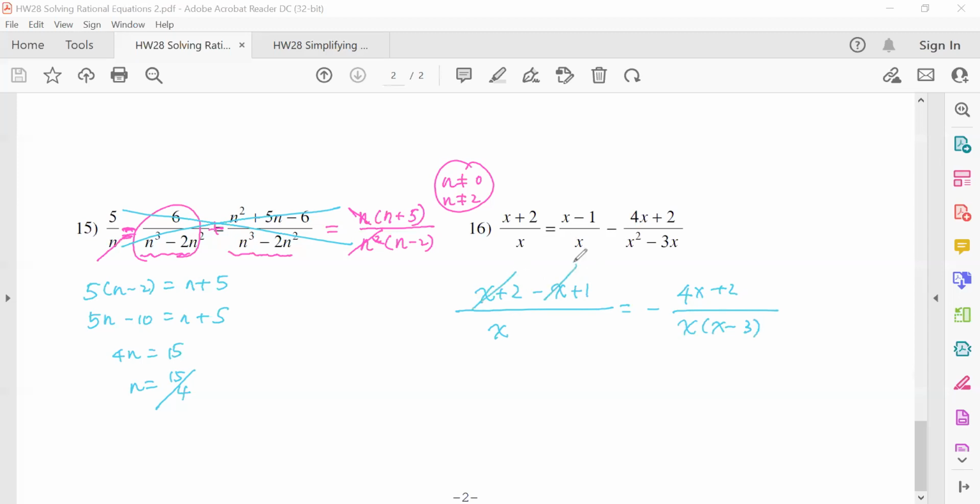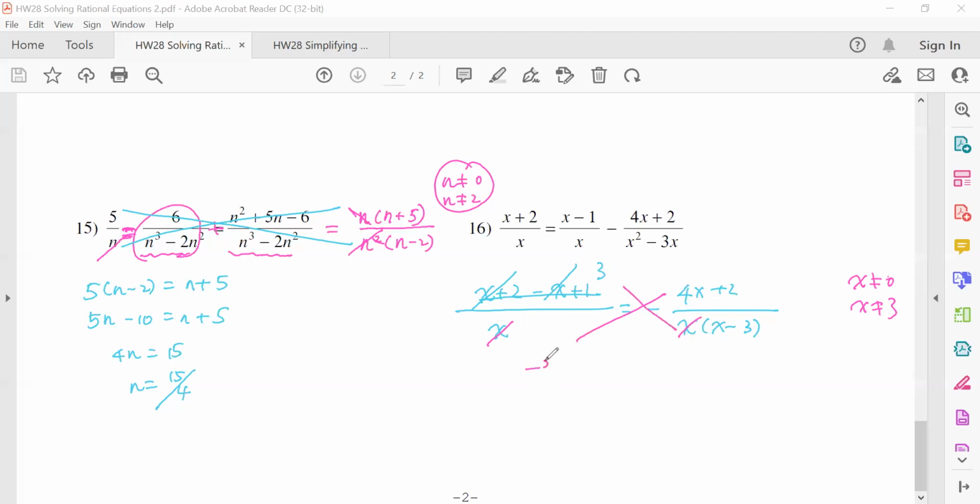So here x is gone. And also we can factor this x out, but keep this in mind, x cannot equal 0, x cannot equal 3, right? So we'll do the combination, do the crossing method.